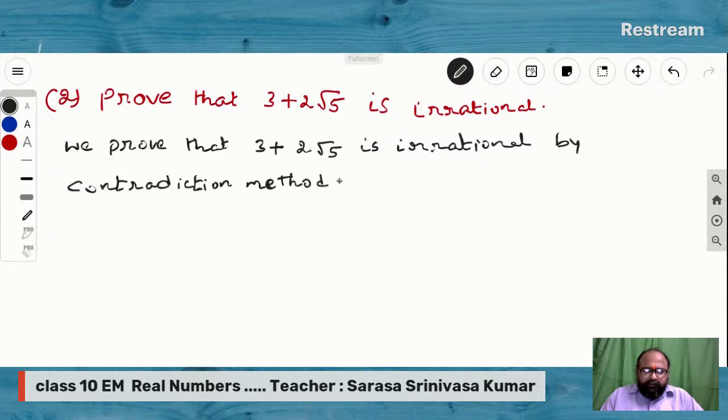In contradiction method, we assume that the given statement is wrong. When we assume that the given statement is wrong, it implies that 3 plus 2 square root of 5 is not irrational. 3 plus 2 square root of 5 is not irrational means it is a rational number.